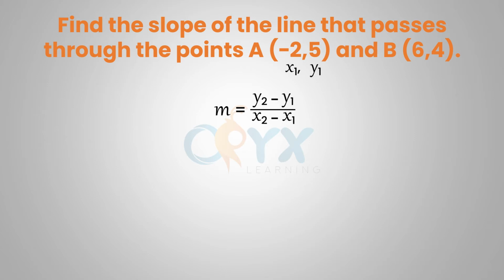My second point is (x2, y2). Substituting those values in for the slope, I get m equals 4 minus 5 divided by 6 minus a negative 2. 4 minus 5 is negative 1, and then 6 minus a negative 2 is like 6 plus 2, or 8. So my slope, m, is negative 1 over 8.